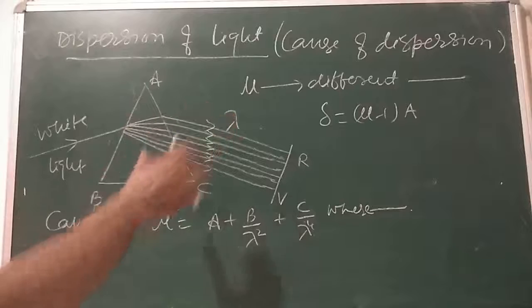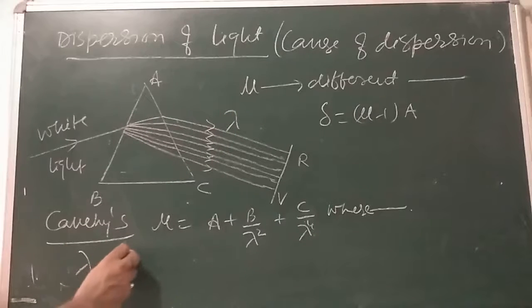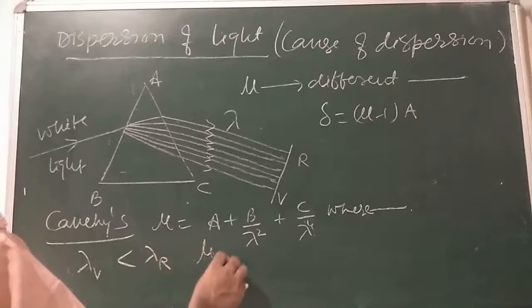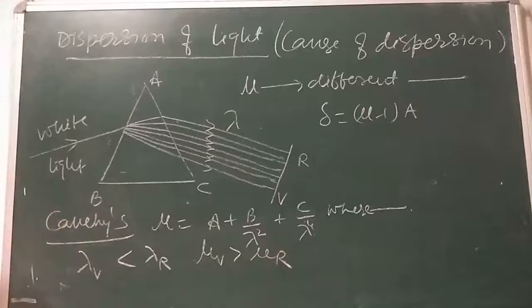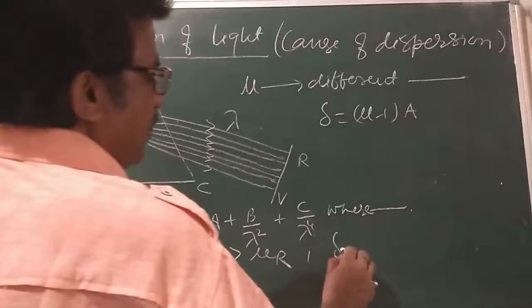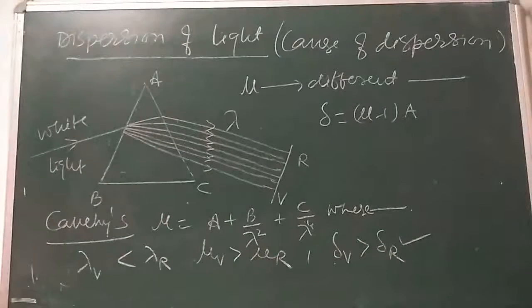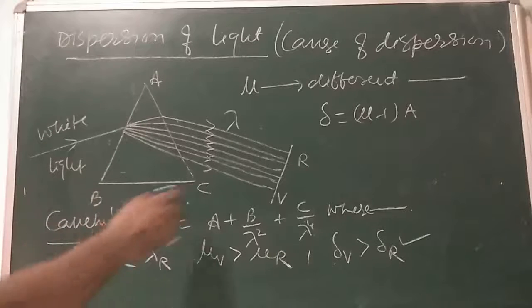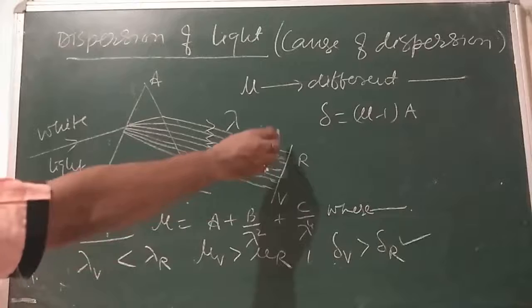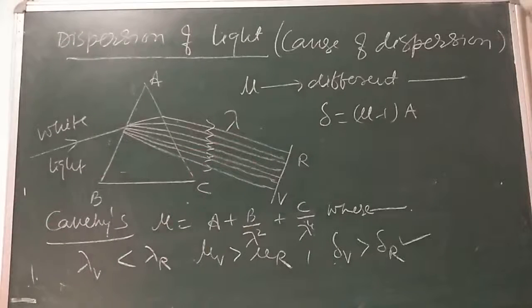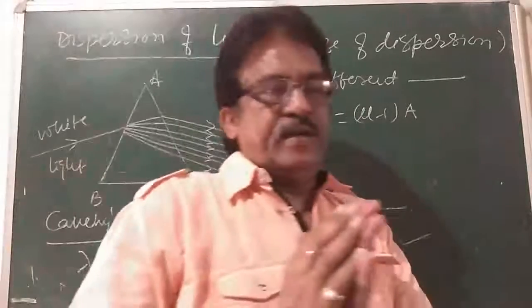This is the cause of dispersion, where lambda of V is less than that of lambda of R. Wavelength is less, so the refractive index of violet is greater than that of red. Hence, deviation is more in violet than that of red. So maximum deviation is for violet color. That is why the violet color is at the lower end of the spectrum and red color is at the upper end of the spectrum. Is it clear? So dear children, this is all for today.